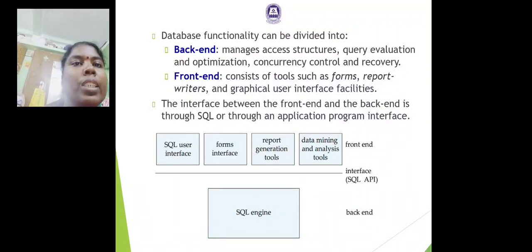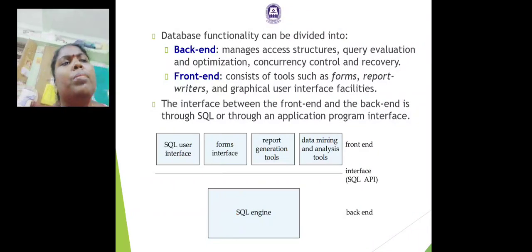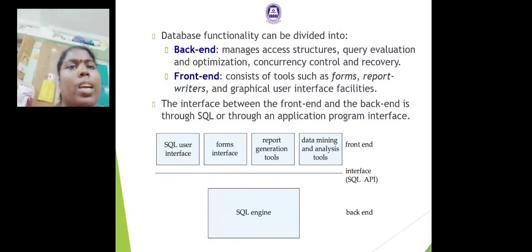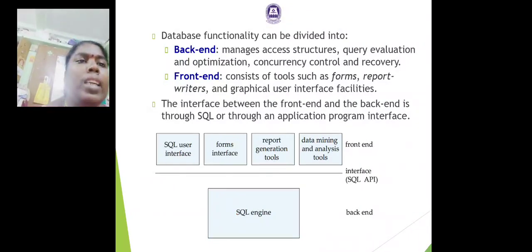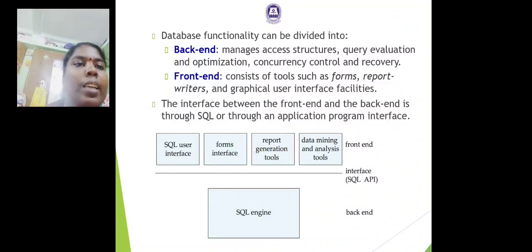Both the front end and the back end communicate through an interface. The interface between the front end and back end is through SQL or through an application program interface. In this diagram, the front end has the SQL user interface, forms interface, report generation tools and the data mining and analysis tools. The backend has the SQL engine.